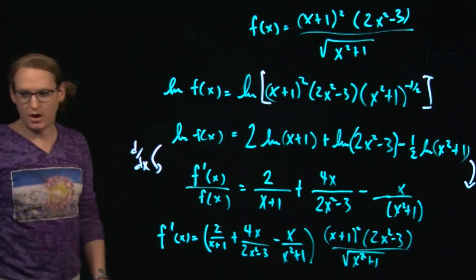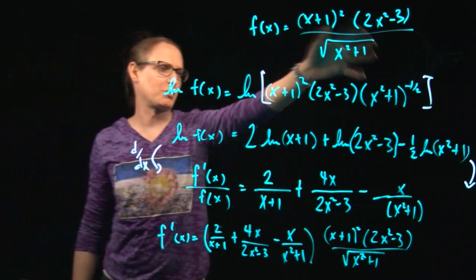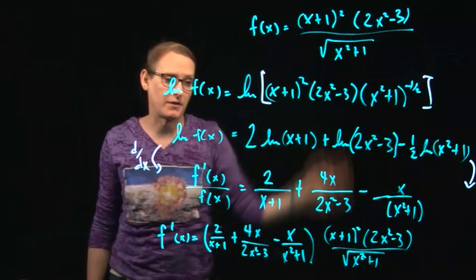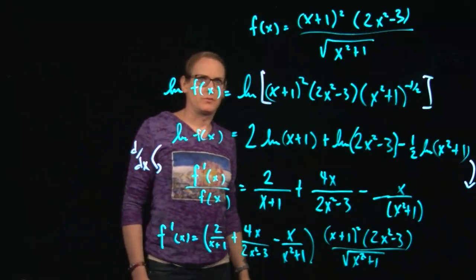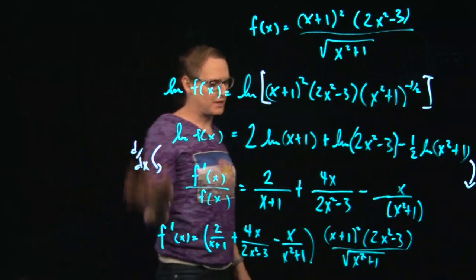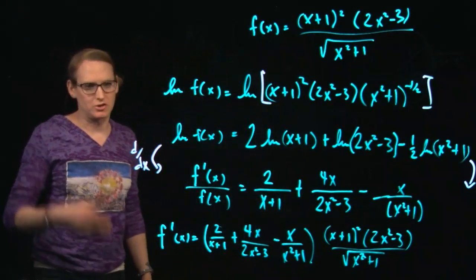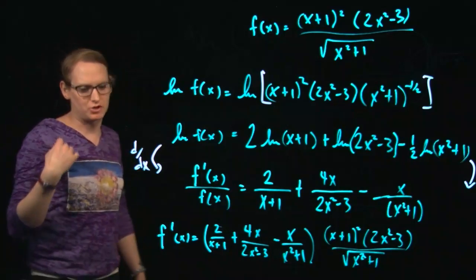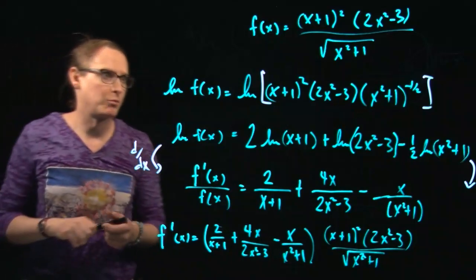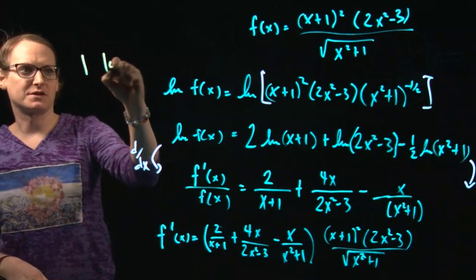So if you're approached by a complicated expression involving product and quotient and stuff like that, then you can spare yourself doing the product and quotient rule by doing what's called logarithmic differentiation. So this process was called logarithmic differentiation. Step 1 was log both sides.